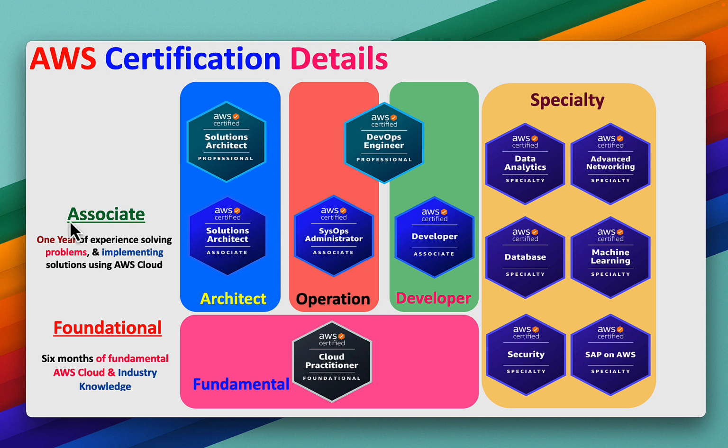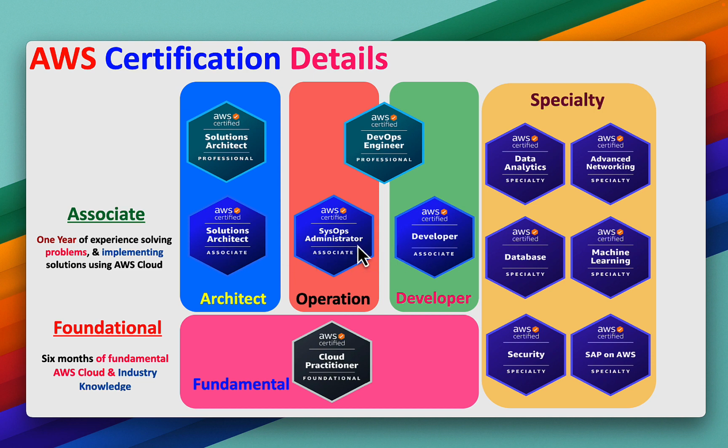For associate, what AWS says is 1 year of experience solving problems and implementing solutions using the AWS cloud. Yes, of course, we need a minimum of 1 year of experience, but the fact is we should hold a minimum of 2 years of strong experience in order to successfully complete this associate track of certifications.